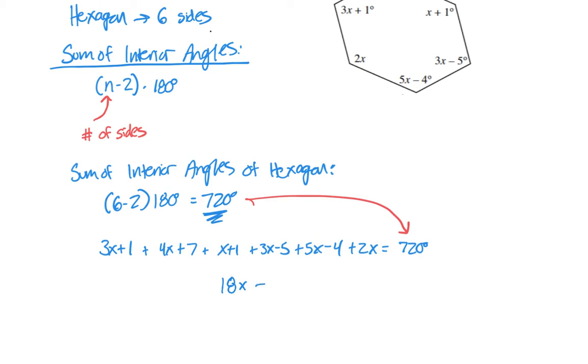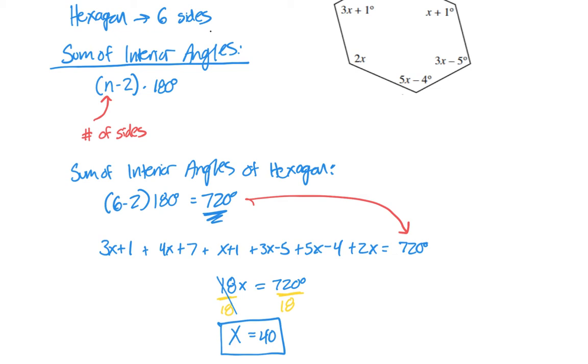So I'm just left with 18x equals 720 as I try to solve for x. I'm going to divide both sides by 18 in order to get x all alone. And when I do that, the 18s cancel each other out, and 720 divided by 18 is 40. So that tells me that x in this instance is equal to 40.